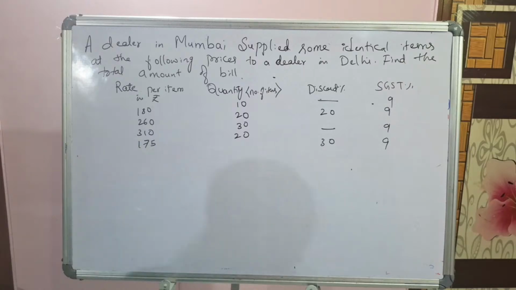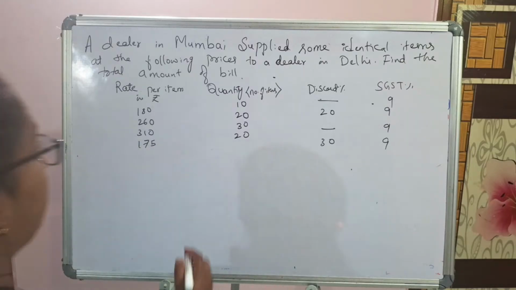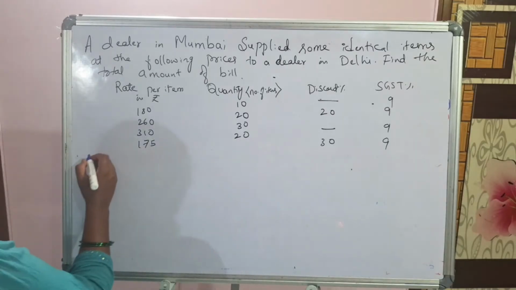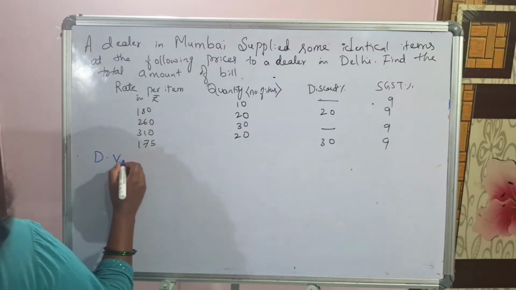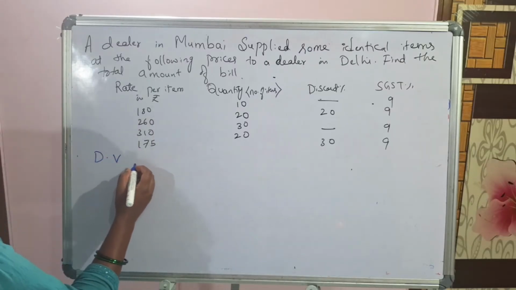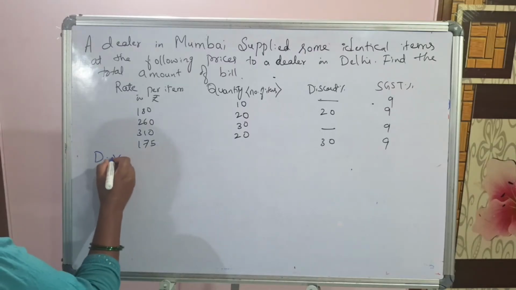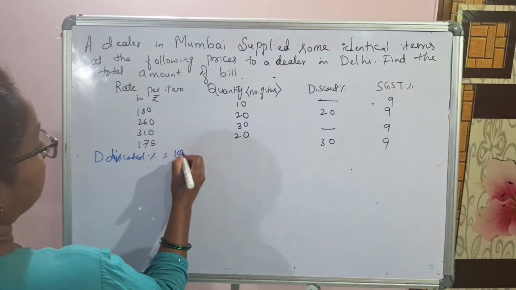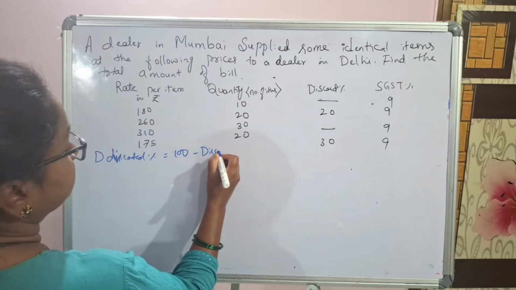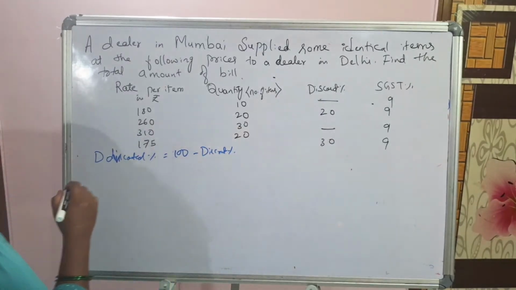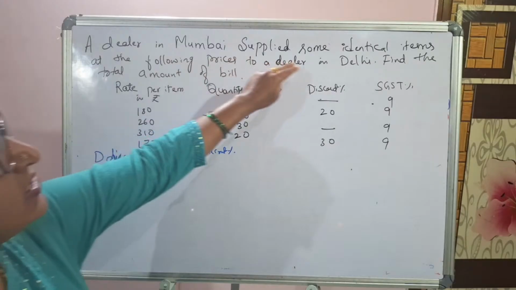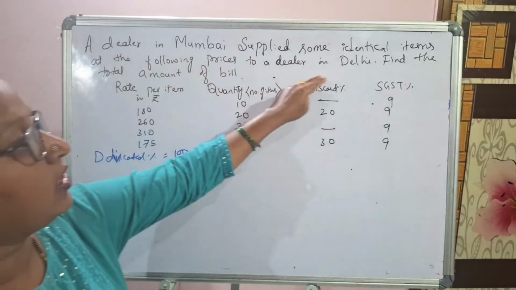I am not going to solve this question completely. You people have to solve this, because it is similar to the previous question. First, construct the table. Before that, we have to find the discounted value, that is, 100 minus the discount percent. And then read the question carefully. A dealer in Mumbai supplied some identical items to a dealer in Delhi.